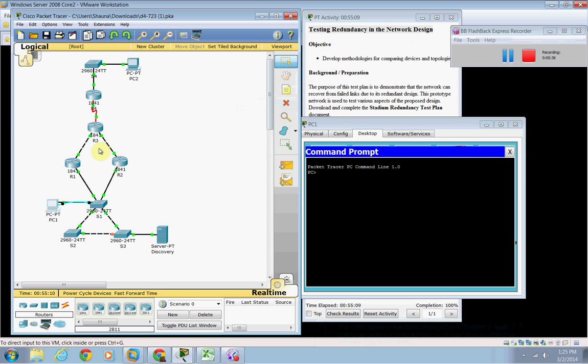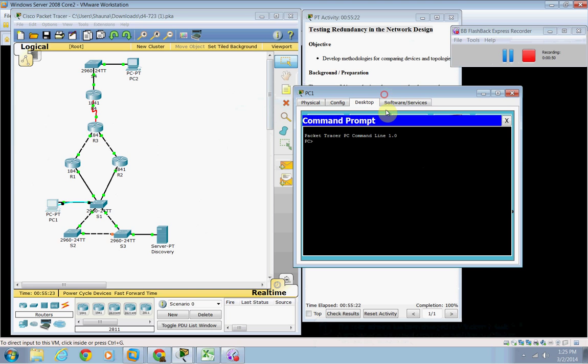So I've got some PDF papers here that came with the Packet Tracer and give me the information that I need, and we're going to give this a go and hopefully everything works the way it's supposed to.